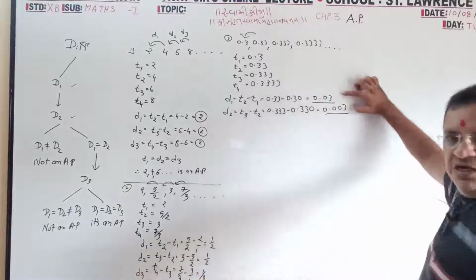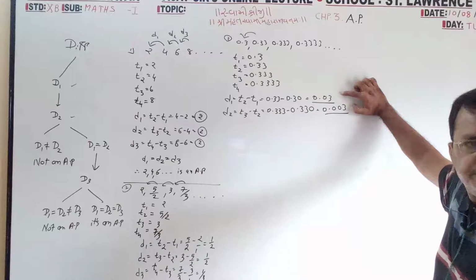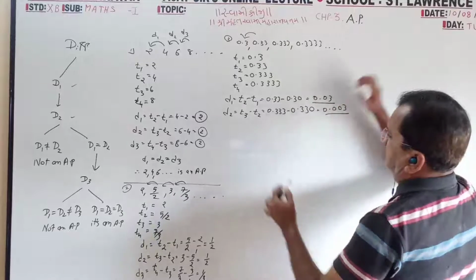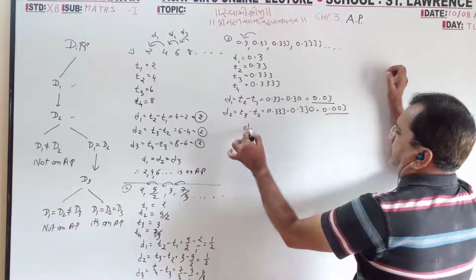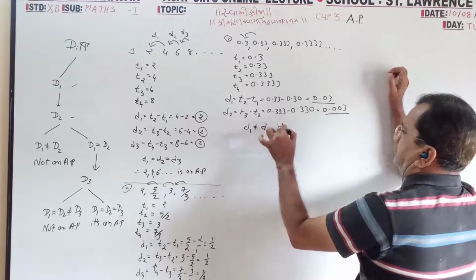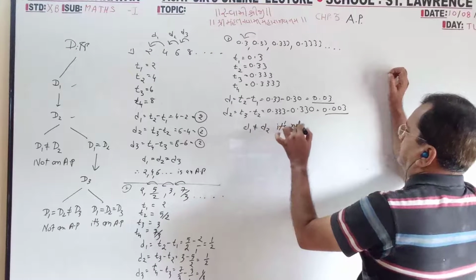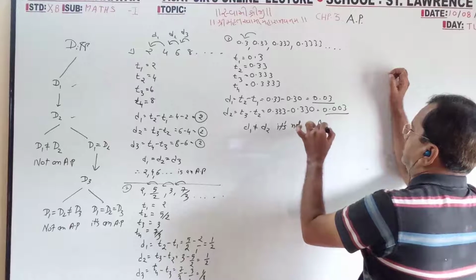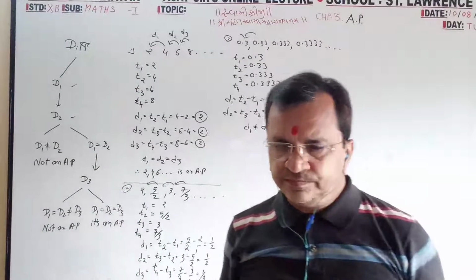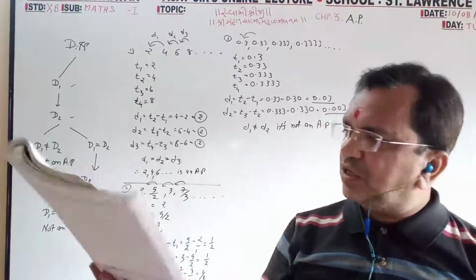So both are not equal. So it is not an AP. Correct?